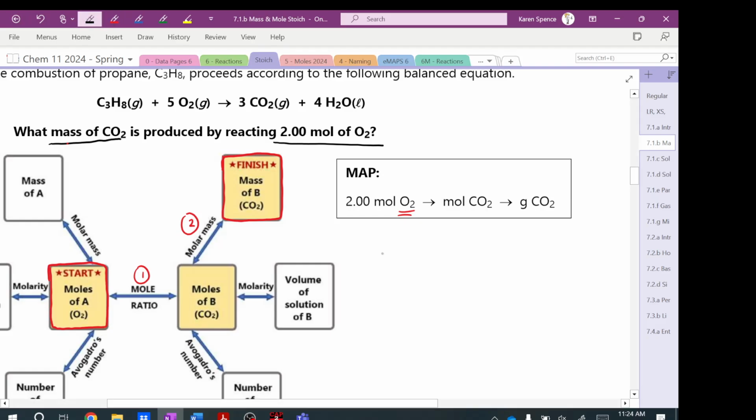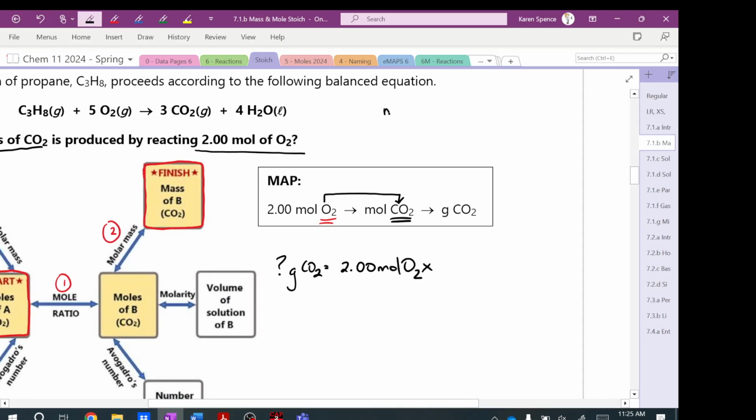So let's try that. How many grams of CO2? And we're starting with 2.00 moles of O2. When you want to convert from moles of one thing to moles of a different thing, what do we use? Moles of A to moles of B. That's our mole ratio, okay?